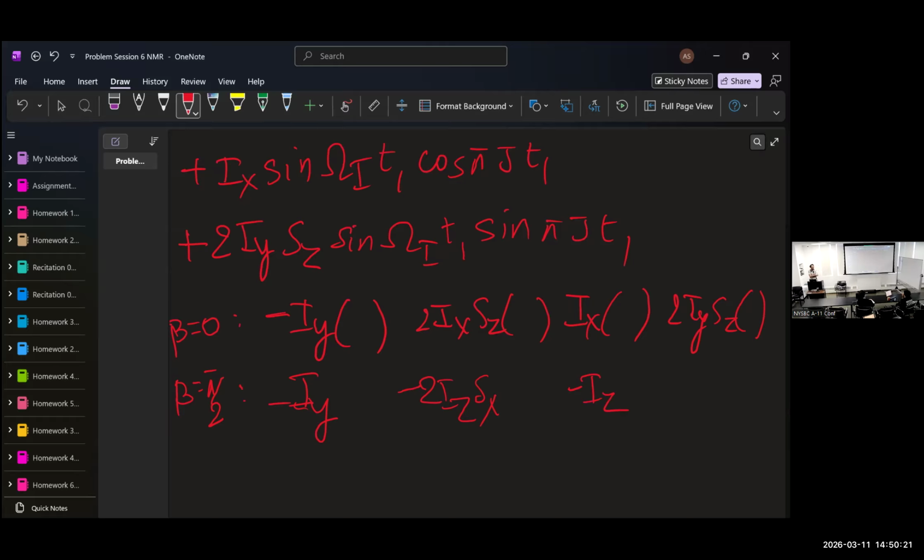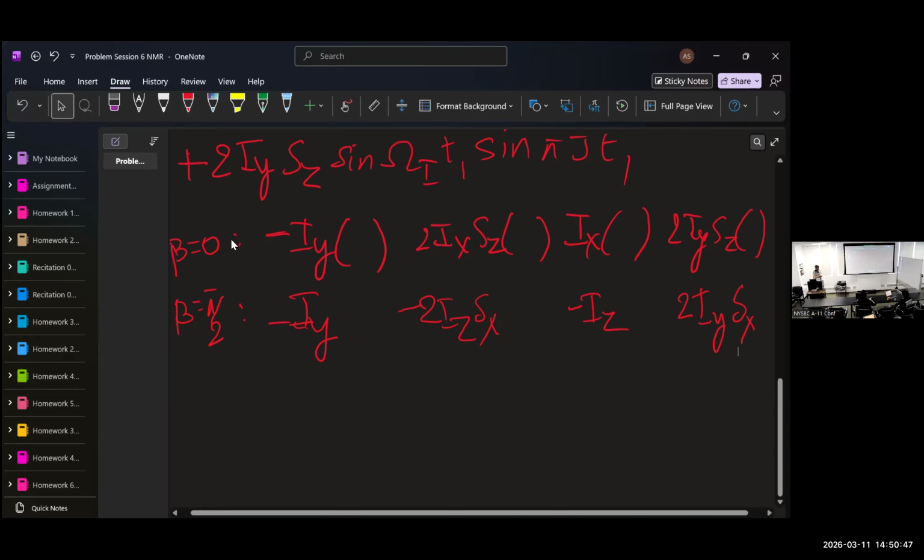And what happens to 2IySz? Is it only double quantum? Oh, zero. It's a mix of double and zero quantum coherences. That was the first step.